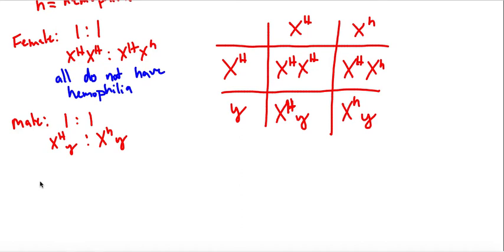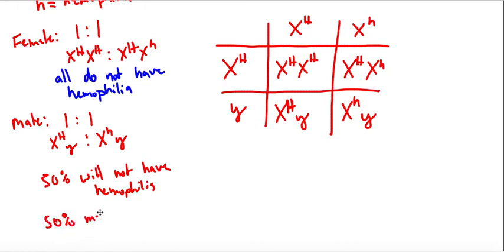So really what we have is it's a 50% chance for a male will not have it, and a 50% chance that a male child will have hemophilia. And so again, these sex-linked traits are much more common in males than in females. So this would be my answer.